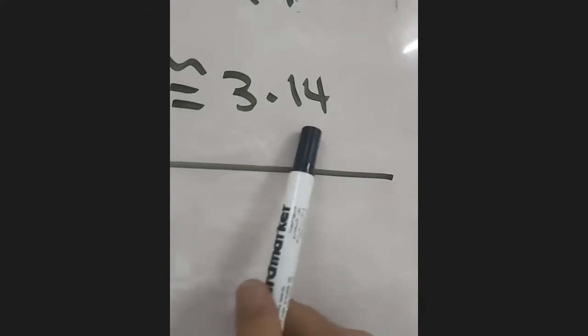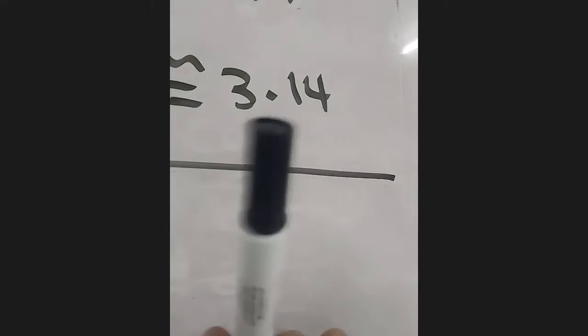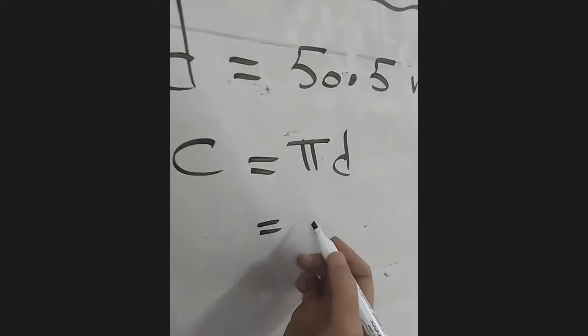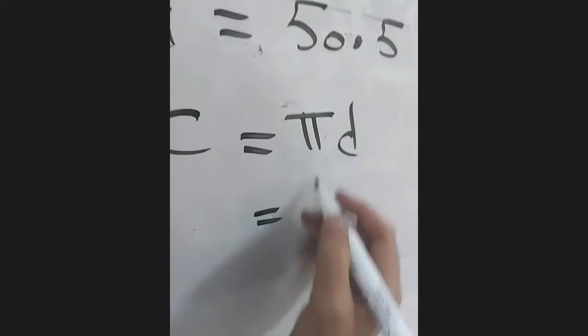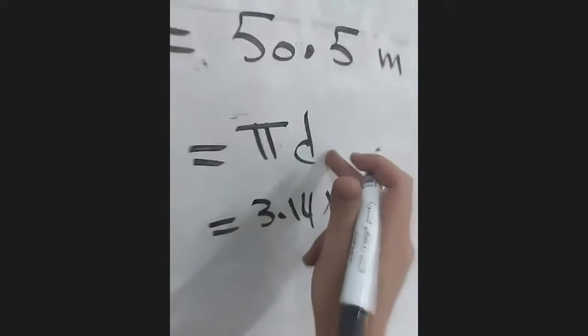What's pi? Around 3.14. 3.14, not 13.14. Okay? Sorry, Mr. What's pi? 3.14. Where do you get the 13 from? 3.14. Yes. So for the pi we'll put 3.14. Multiply by how much d?